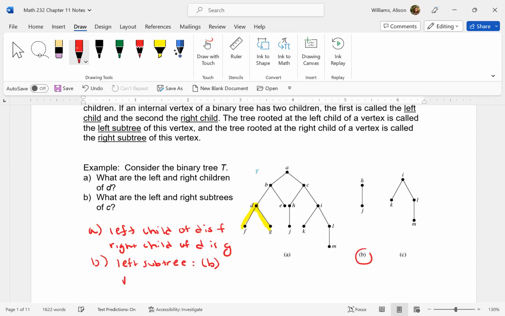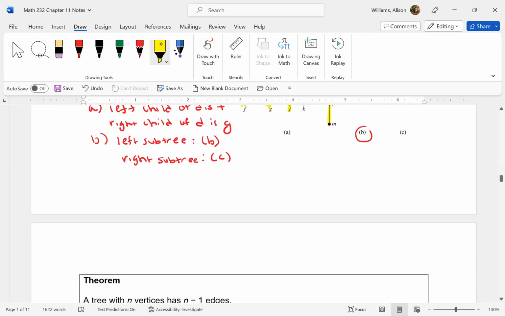And then the right subtree is displayed in graph C, because those come off of C. So there's the left subtree and there's the right subtree. I'm just individually drawing those, but they had it already drawn, so we grabbed from it and moved on with our lives. All right, let's move on here.